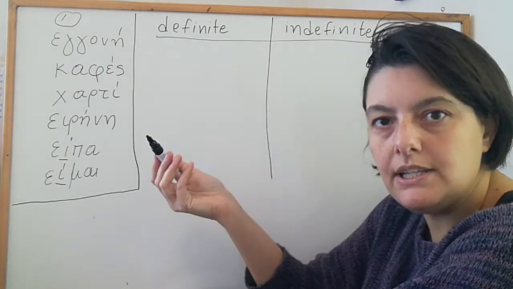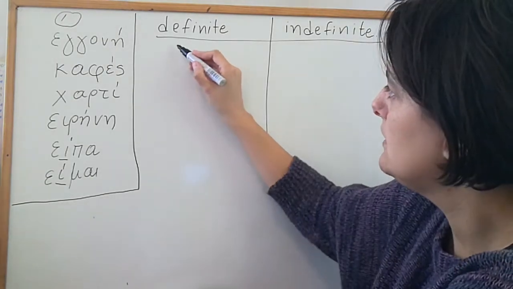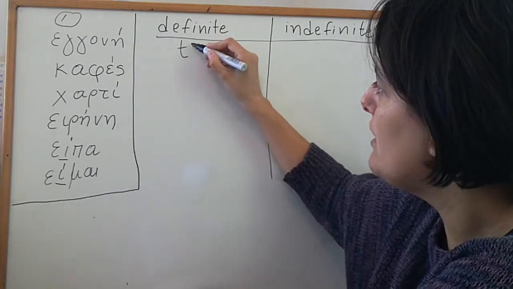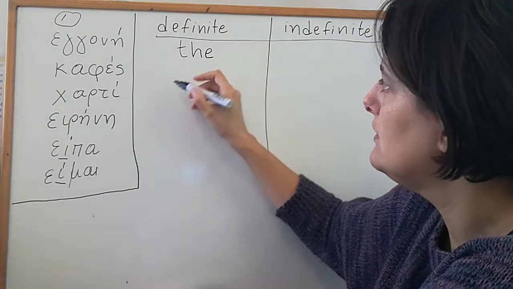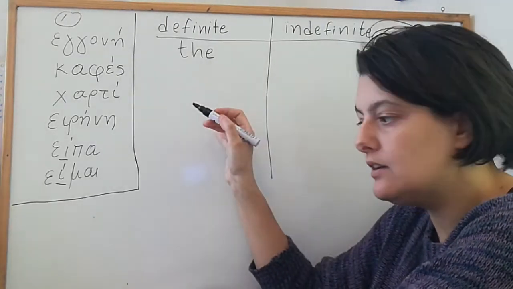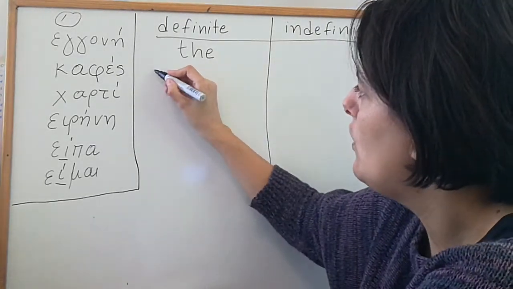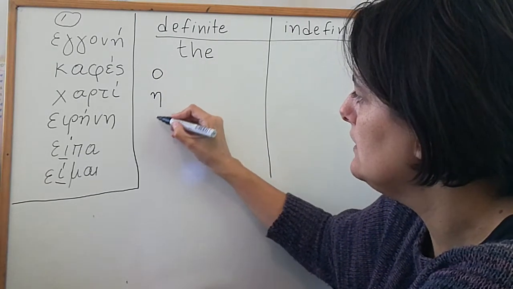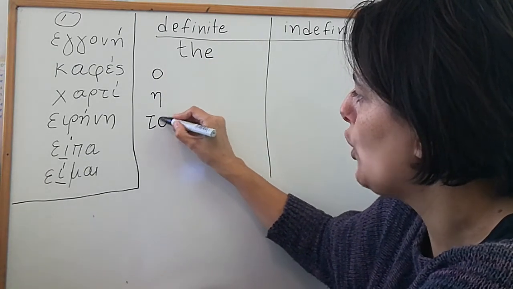So the definite article in English is the word the. In Greek, it's o, i, to.